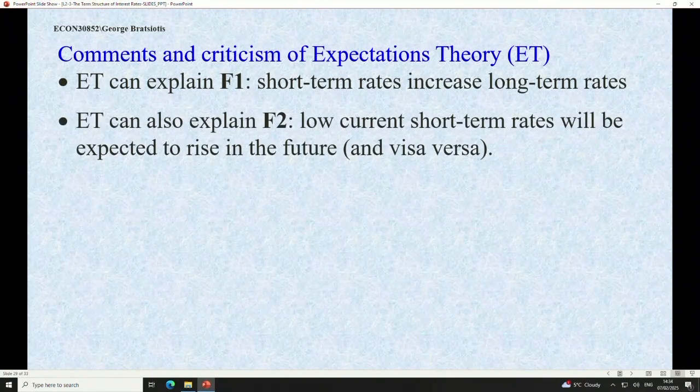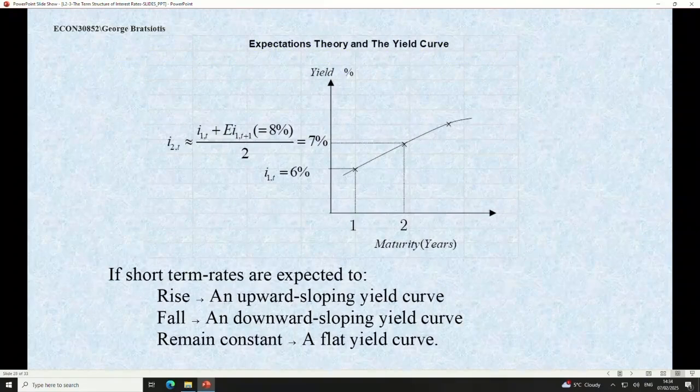Expectations theory can explain fact two, that low current short-term rates will be expected to rise in the future. Yes, I can see that again, because if this is very low, and this is expected to be higher in the future, I can see why this will be upward sloping. Or the opposite. If today they're very, very high, I will expect them at some point to drop if we have a boom, you know.